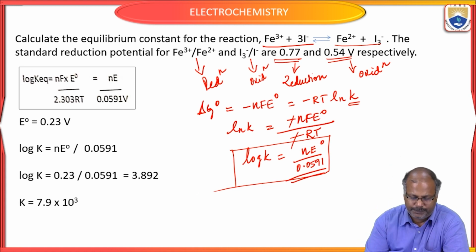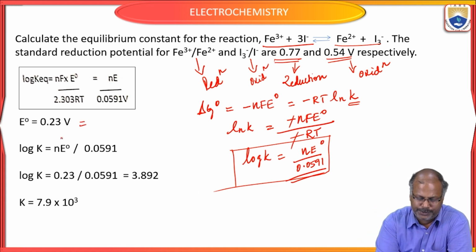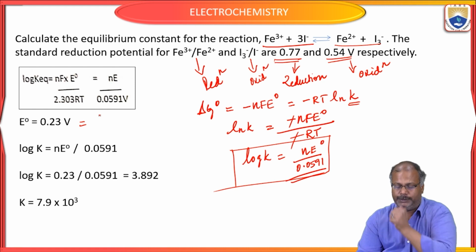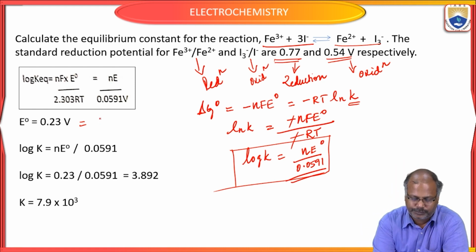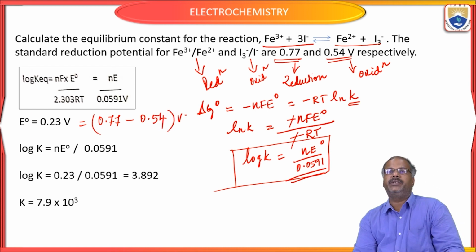Now what is E naught? E naught is equal to 0.23. How did it come? It is E naught of reduction, 0.77, minus 0.54 volts, which gives 0.23 volts.